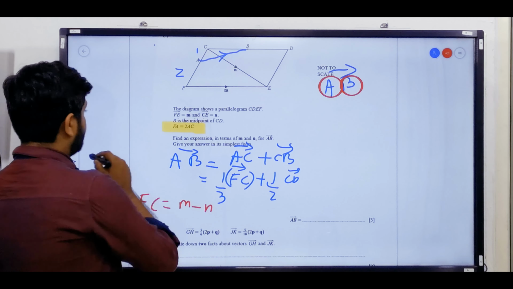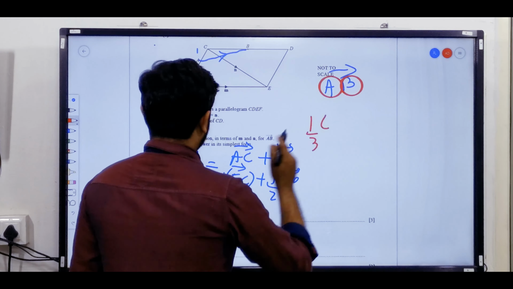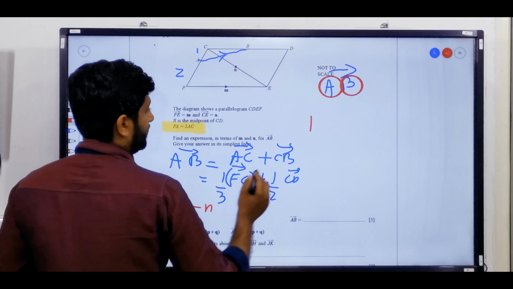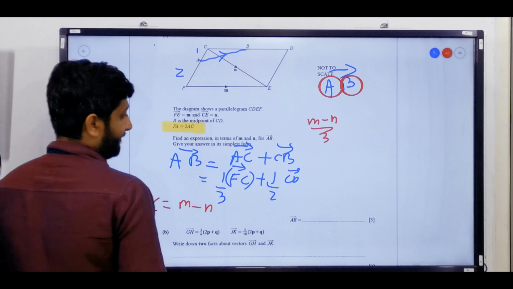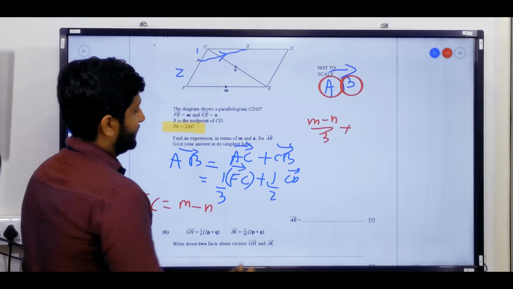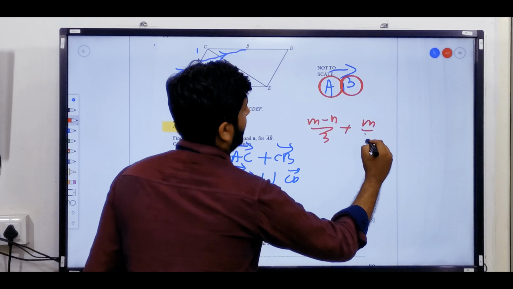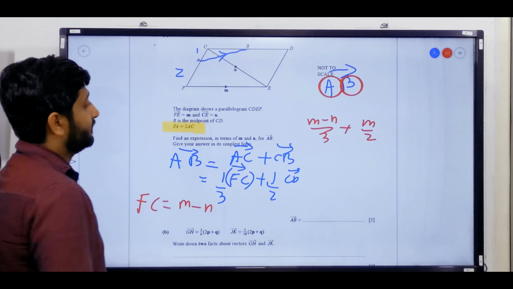So now let me write here 1/3 of FC, which is M minus N upon 3 plus CD. Now what is CD? M, and half of M by 2. Now let us write in simplest form.